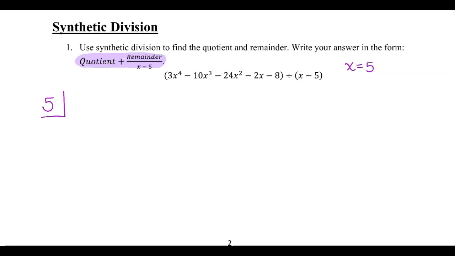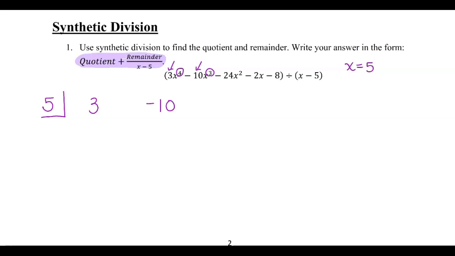Okay? Now, on the other side, I am going to write the coefficients. Starting with 3. The leading coefficient is 3. So you write down 3 first. What is the next coefficient? Not positive 10, but negative 10, right? Let's keep going. We did 4th degree, 3rd degree.